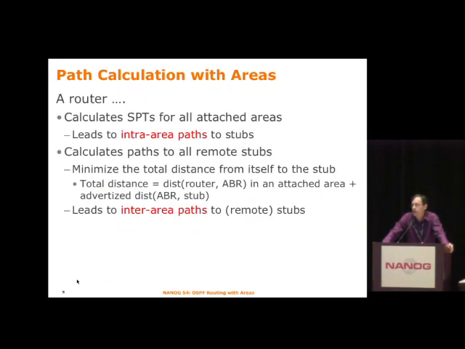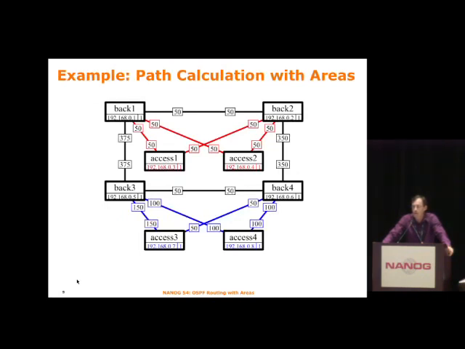Okay, so for path calculation with areas, routers calculate shortest path trees to all of the stubs that are in their locally attached areas, their intra-area paths. And then for destinations that are not in one of their locally attached areas, they look at paths to an area border router plus the distance the area border router advertised and pick the shortest of those, leading to inter-area paths. So for example, in a similar network with the areas, if we were routing from access 3 to access 1, the area border routers that see that stub on access 1 are just back 1 and back 2.